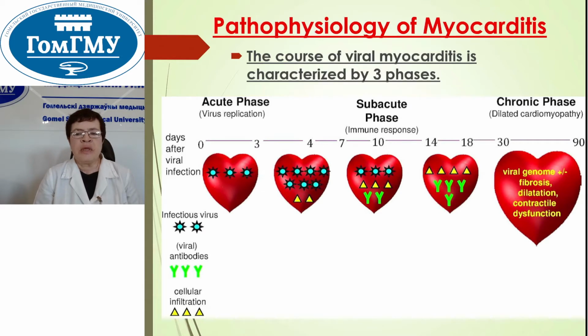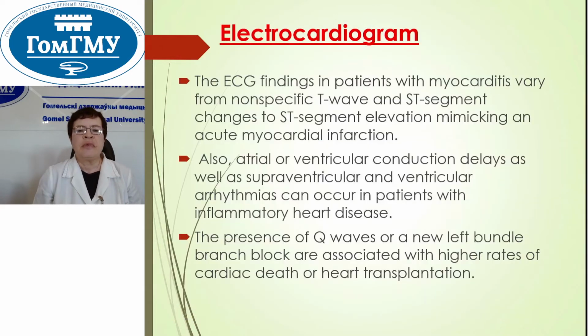And from 30 days to 90 days, it is the chronic phase, the development of dilated cardiomyopathy. To conclude, there are three main phases of myocarditis development: virus replication, acute phase; immune response, subacute phase; and chronic phase, dilated cardiomyopathy.